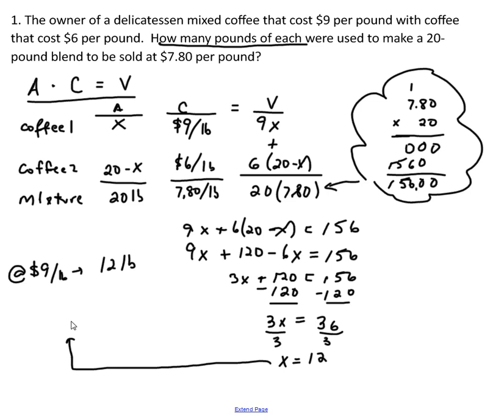That's X pounds. At $6 per pound, we need to make sure that we are expressing this correctly. 20 minus 12 would be 8 pounds. So we need 8 pounds of the $6 coffee in our blend. That's going to give us a total of 12 plus 8, 20 pounds, which is exactly what we wanted. So this seems to be a decent answer.